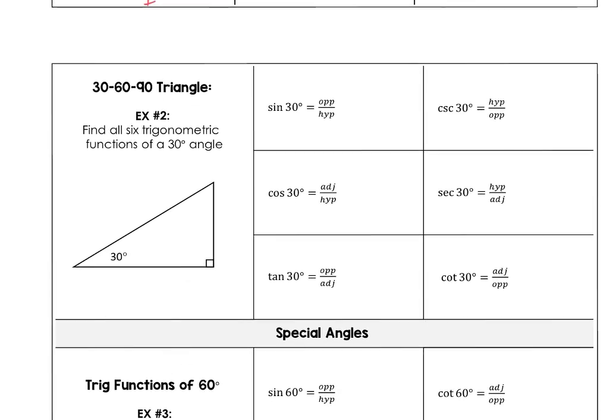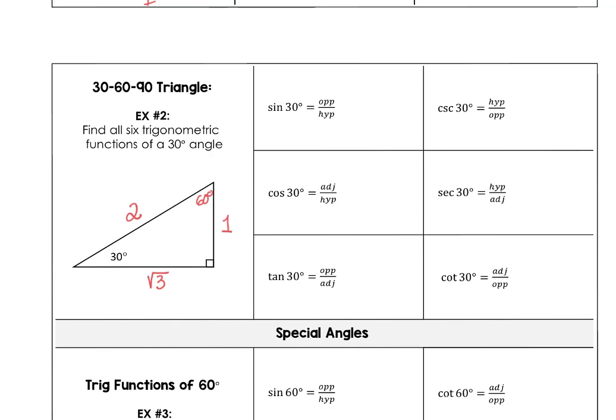Now notice in a 30, 60, 90 triangle, when we look at the relationship of the sides to the angles, let's put the 60-degree angle here. The side opposite the smallest angle is the shortest side, and the side opposite the 60-degree angle is x square roots of 3, and the hypotenuse is 2.